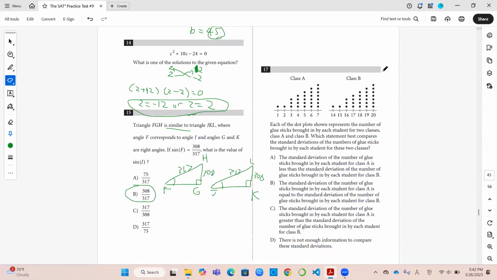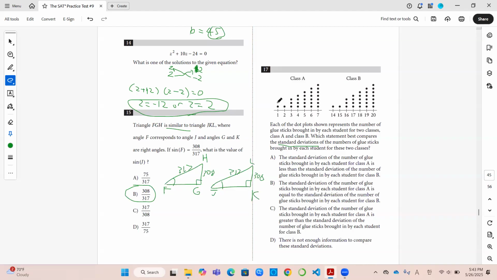A lot of words here. Each of the dot plots shown represents the number of glue sticks brought in by each student for two classes, Class A and Class B. Which statement best compares the standard deviations of the number of glue sticks brought in for these two classes? When I say standard deviation, I want to check how the data is spread out.